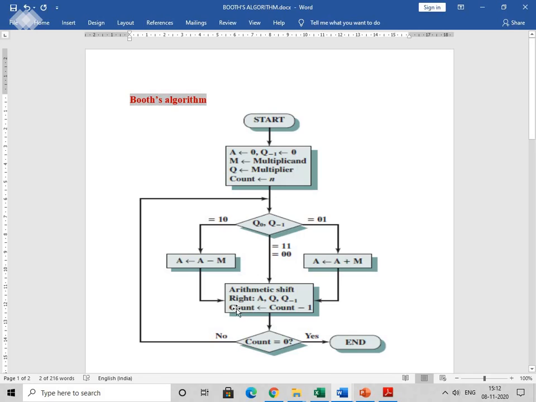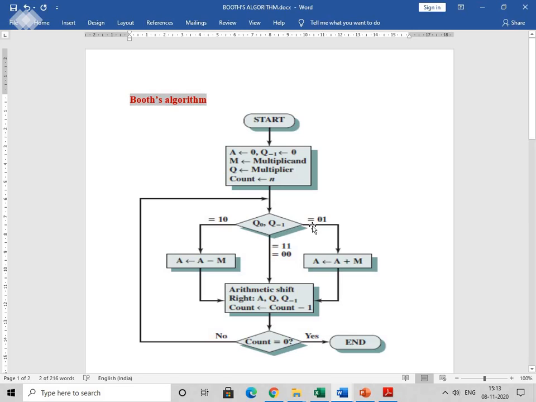After the shift operation, we are going to decrement the count by 1. After decrementing the count by 1, check whether it is equal to 0. If it is not equal to 0, again go and check the bits Q0 and Q minus 1.